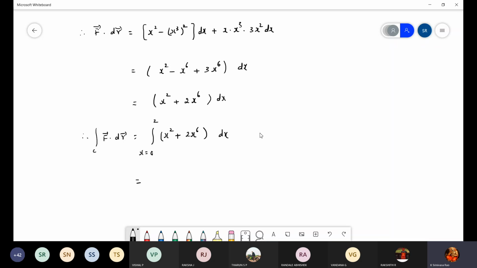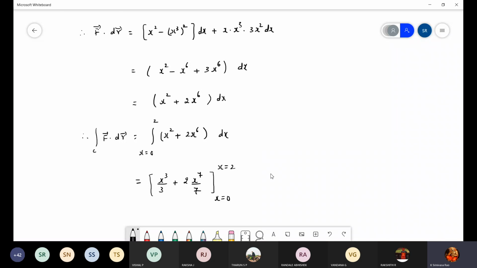So simple integration. I told you, it is a simple integration in this module, so you should be perfect with the vector concepts. What is the integration of x square? It is x cube by 3, plus 2 into x power 6, integration is x power 7 by 7. So for this you should substitute x equals 0 and x equals 2.